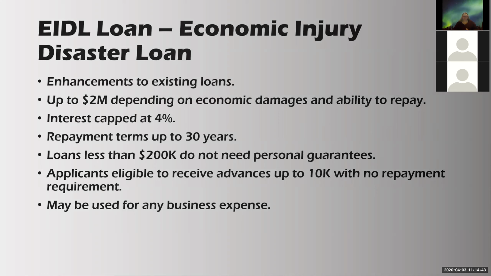Loans less than 200,000 do not need a personal guarantee, but if they're over that, they have to. You are eligible to receive an advance of up to 10K with no repayment requirement. So if you apply for this, even if you don't get the loan, it's still possible you could get the 10K advance that does not require a repayment.